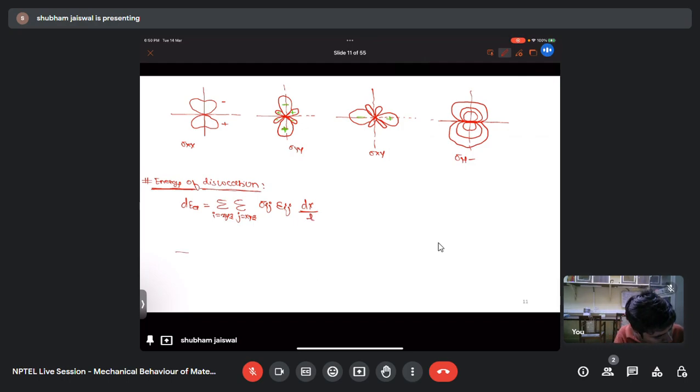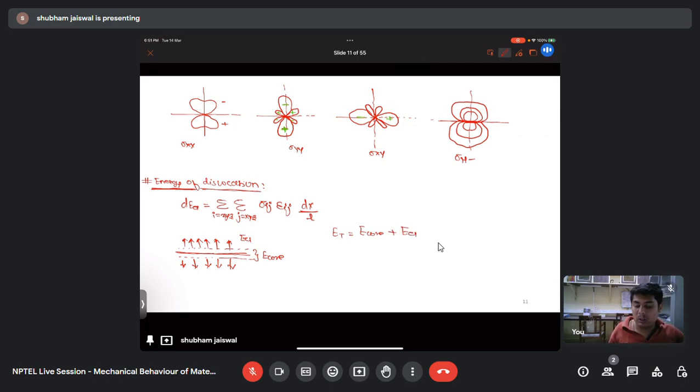So suppose this is my dislocation core. Okay, so some energy will be associated with it. The energy at some distance away from the dislocation core is nothing but the elastic energy, and this is the energy of the core. So the total energy of a dislocation will be energy total equal to energy of core plus elastic energy.